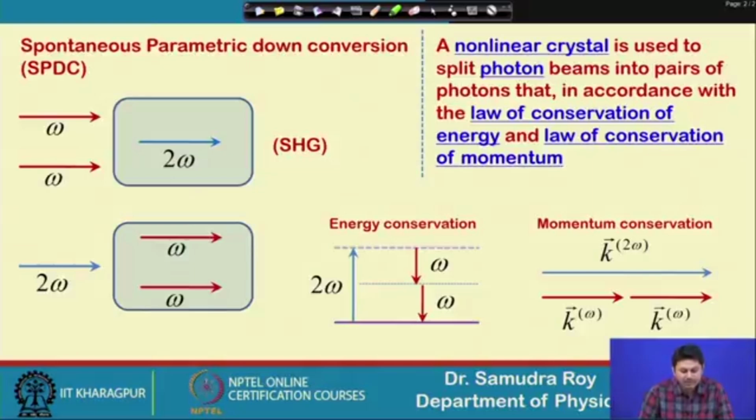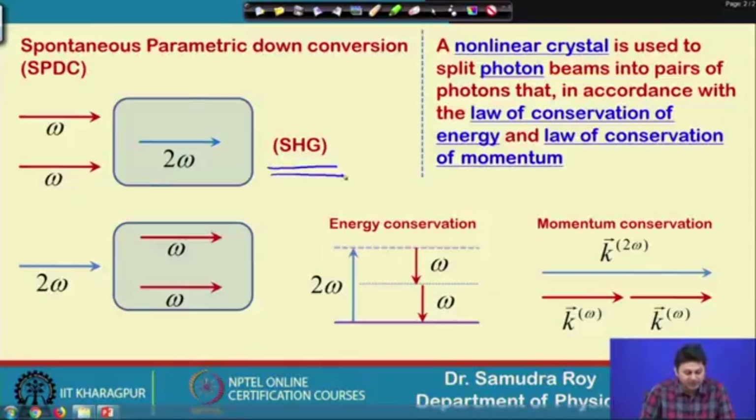So, the question was, is it really possible to generate such kind of subharmonics? In the previous case we have already shown that the second harmonic generation process is valid. That means, if I am able to launch a frequency omega in the input, which we call the fundamental wave, then there is a possibility that we can generate a frequency 2 omega, double of that, and we called it second harmonic generation.